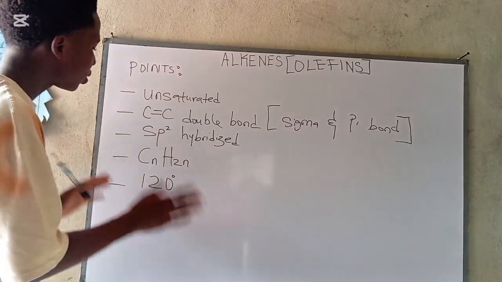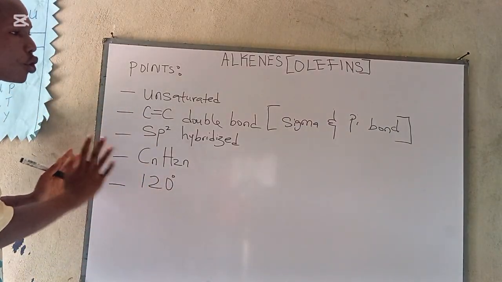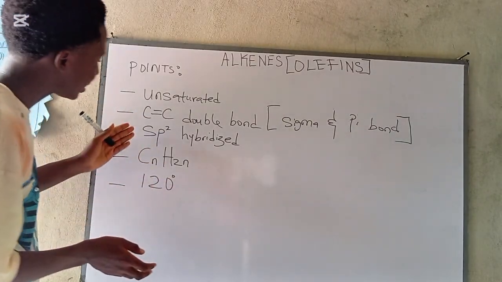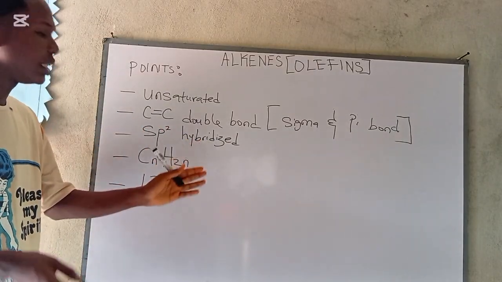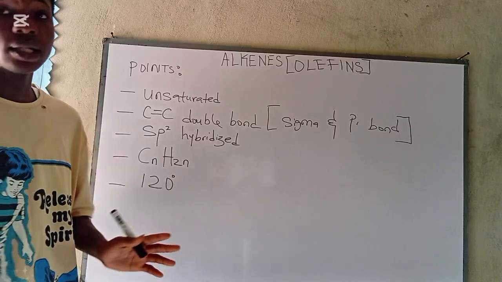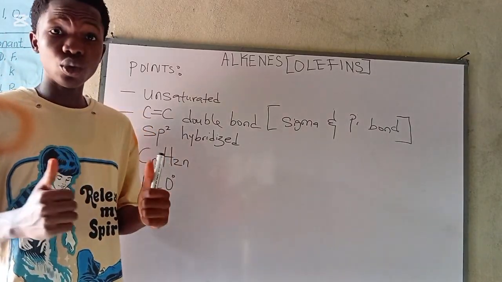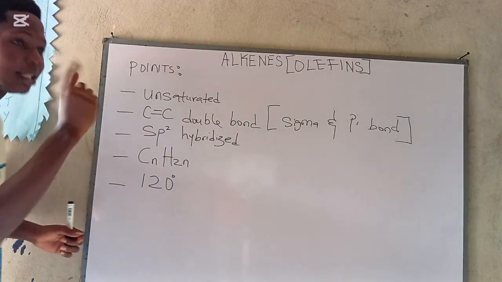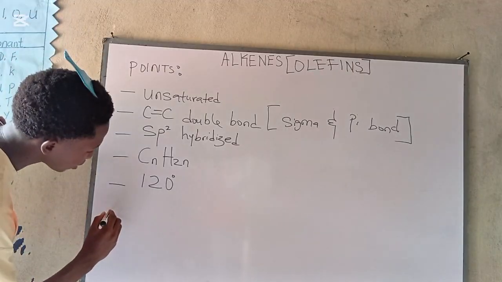It depends on the structure of the compound. If the compound has sp2 hybridization, it's likely to have a 120-degree bond angle.